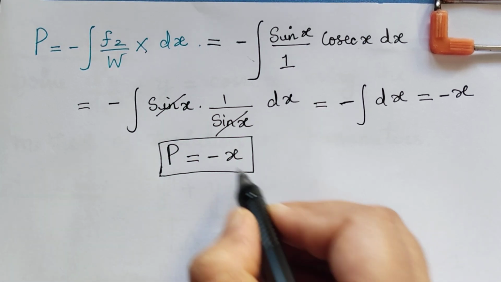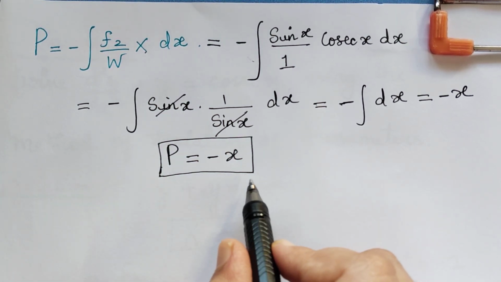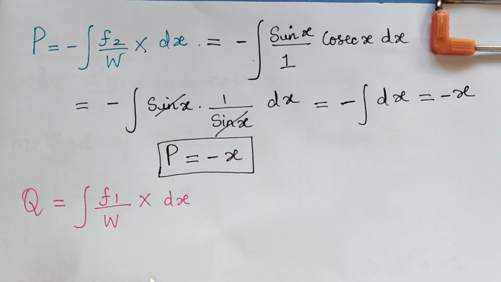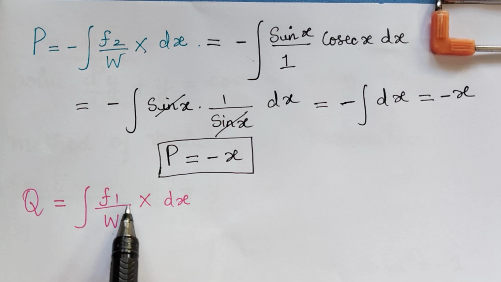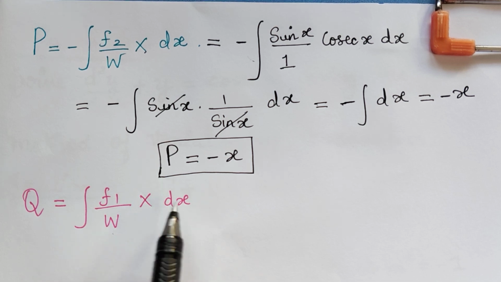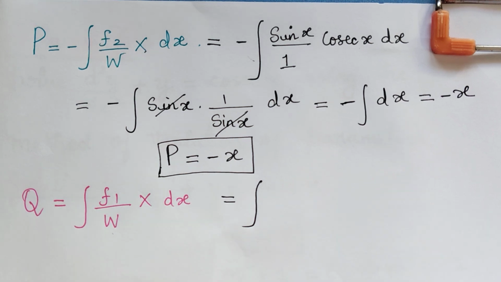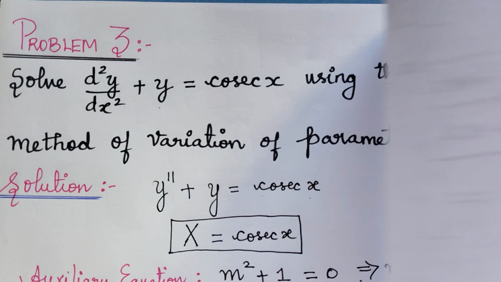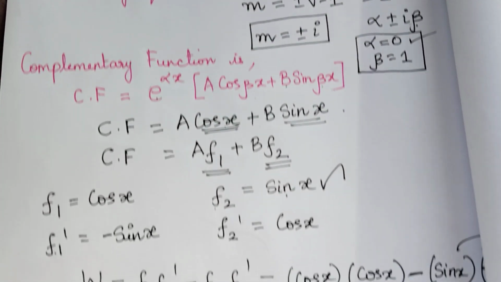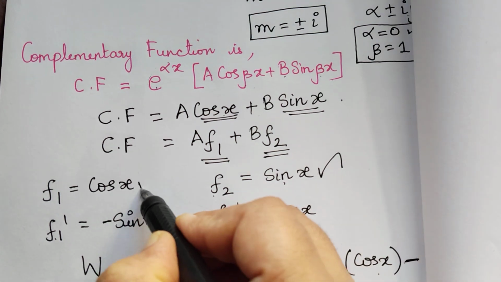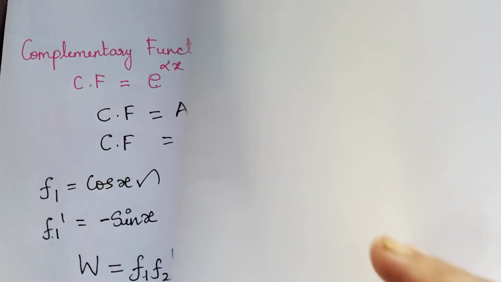So after finding the value of P, we have to find the value of Q. The value of Q is equal to integral f1 divided by w multiplied with capital X dx. So this is equal to integral, what is f1? From our problem, the value of f1 is equal to cos x. So we will substitute that.